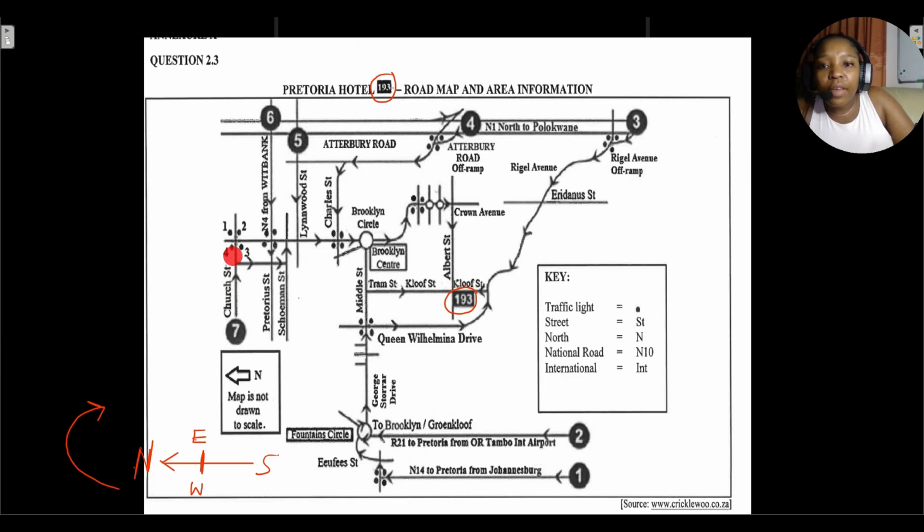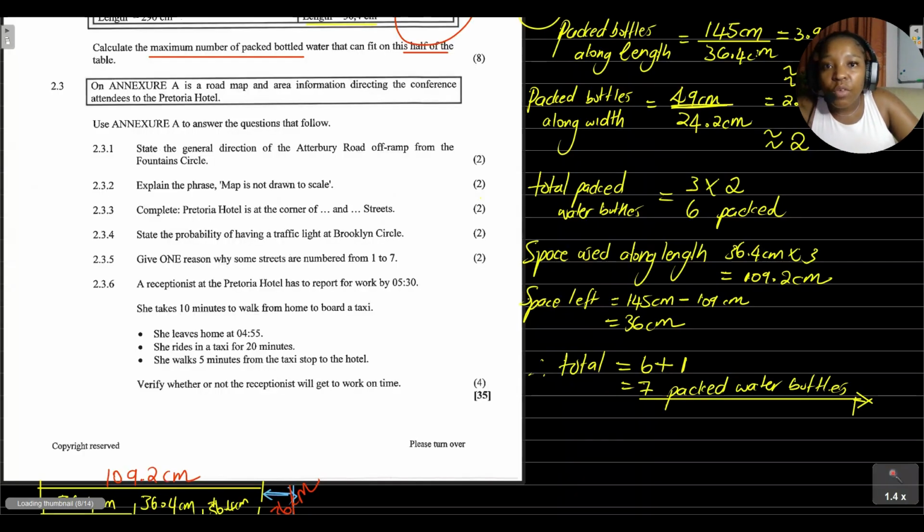So all of these routes that are indicated by all these different numbers lead to Pretoria Hotel, right? So now I think we're ready to have a look at the questions, okay?